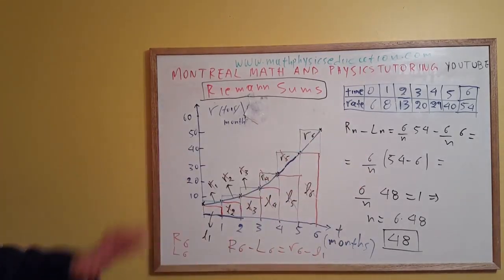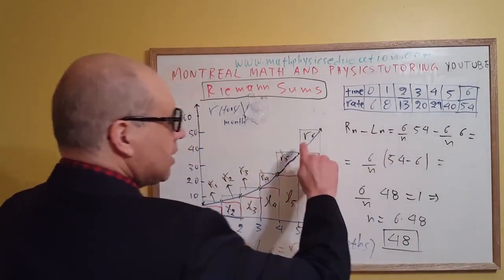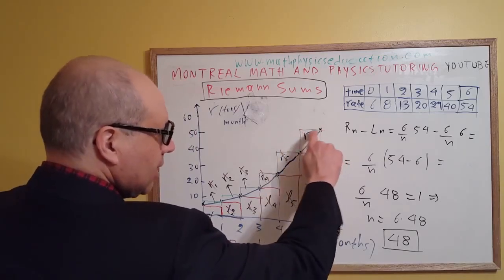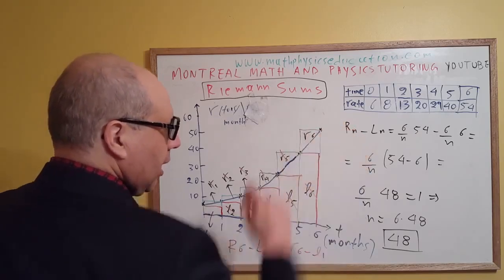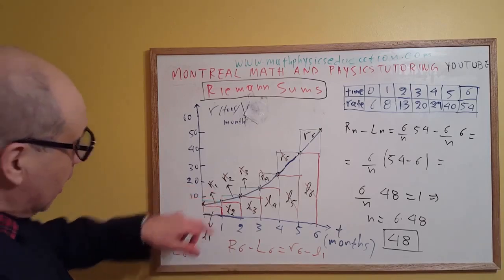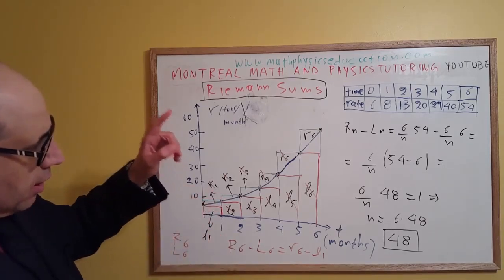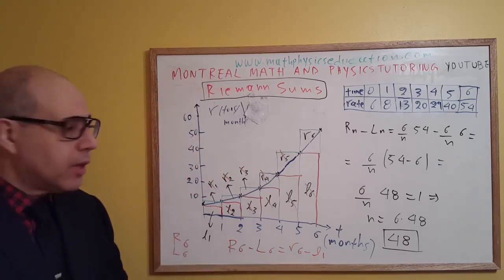The main point is that the only thing that will remain from this difference is the last rectangle of the right endpoint Riemann sum, and the first rectangle of the left endpoint Riemann sum.